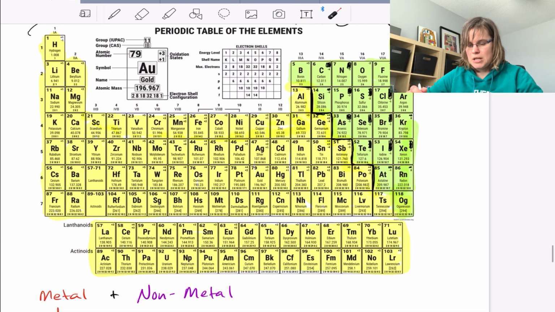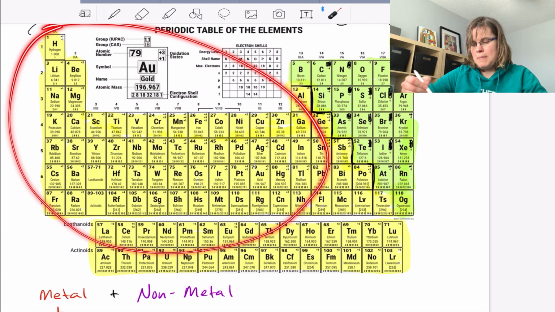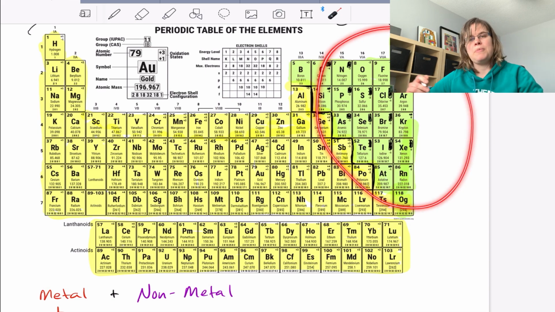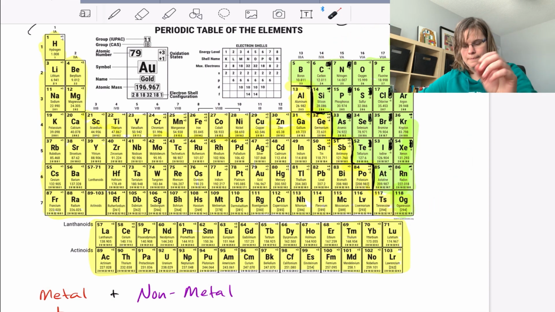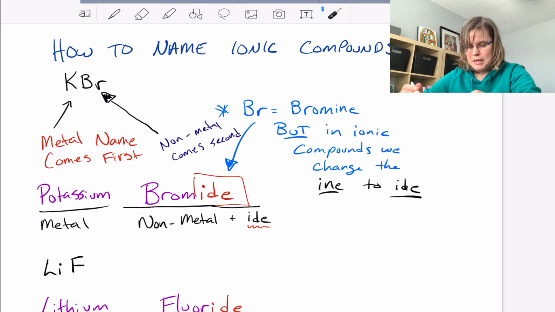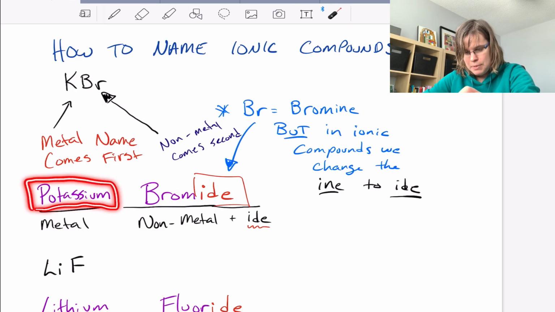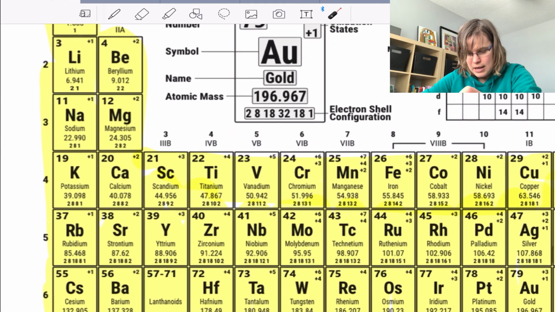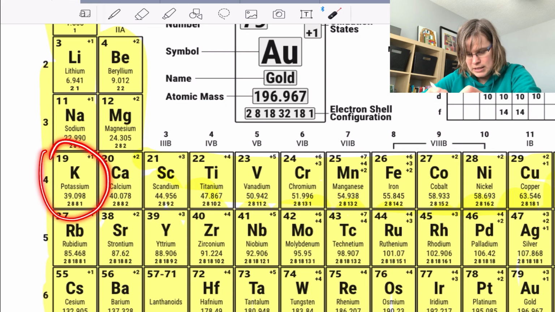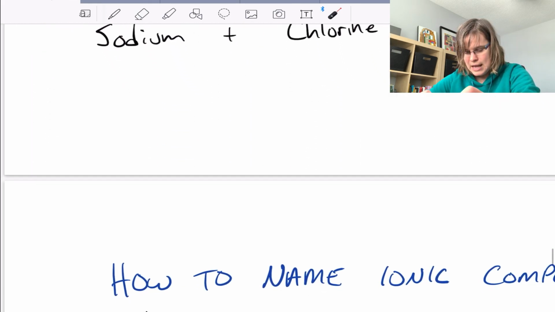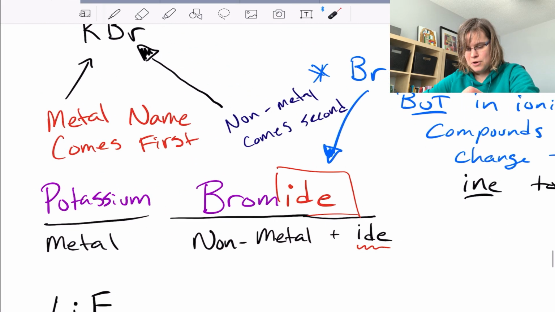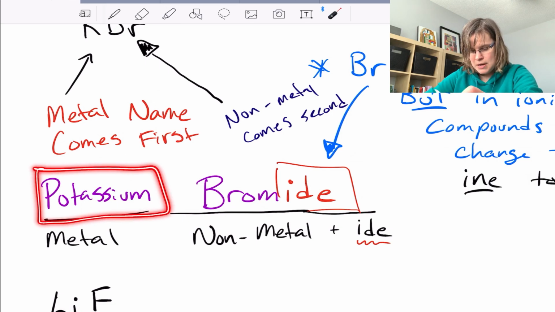So there's going to be one thing from the metal side and one thing from the non-metal side all the time, all right? And so coming up here, we have the K. K means potassium, okay? If you look up the letter K right here, it says potassium, number 19. And so we put the name of potassium first. Potassium, the metal name first.